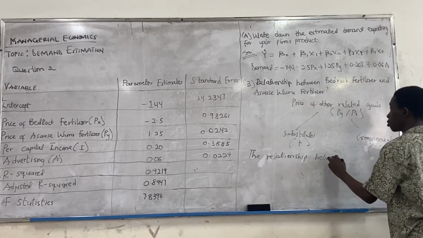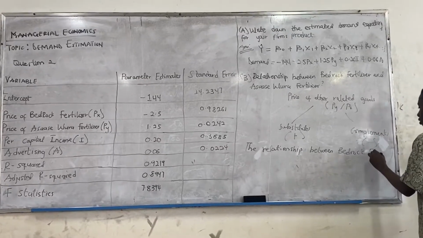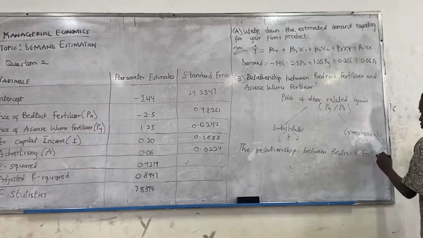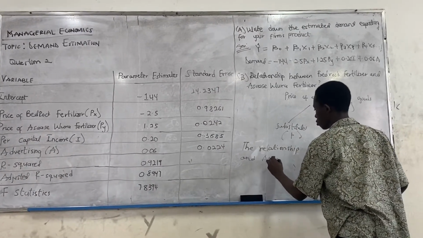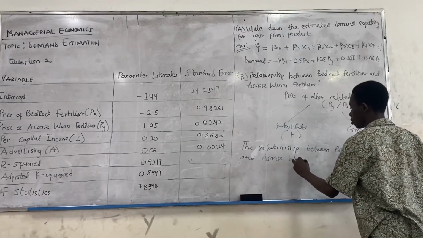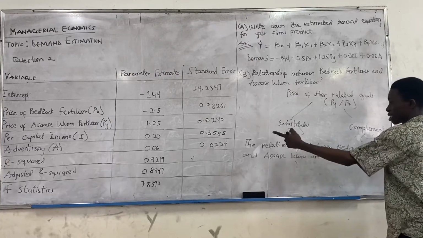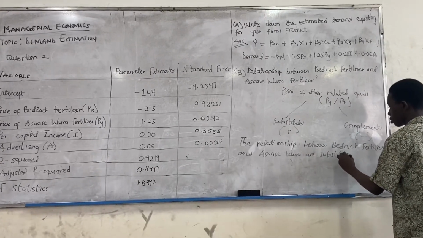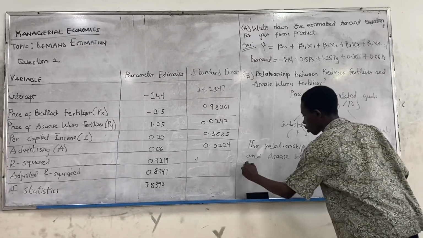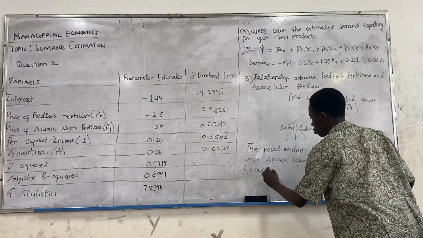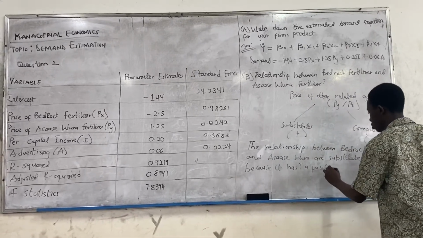So the relationship between bedrock fertilizer and cereal fertilizer is that they are substitute goods, because PY has a positive coefficient.